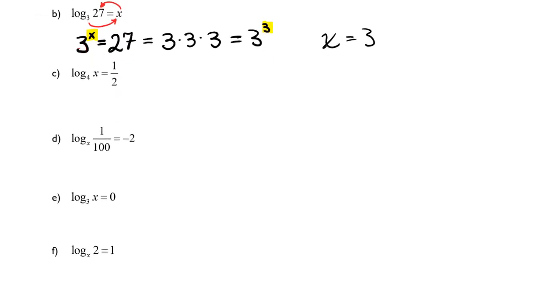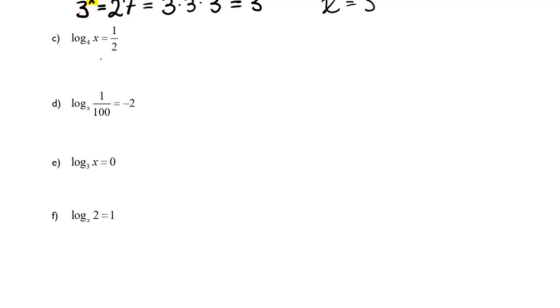Let's look at these last 3 or 4 examples here. So I have 4 raised to the 1/2 equals x. Therefore, I would have the square root of 4 equals x, because a fractional exponent is a square root with index 2. X has to be greater than 0.